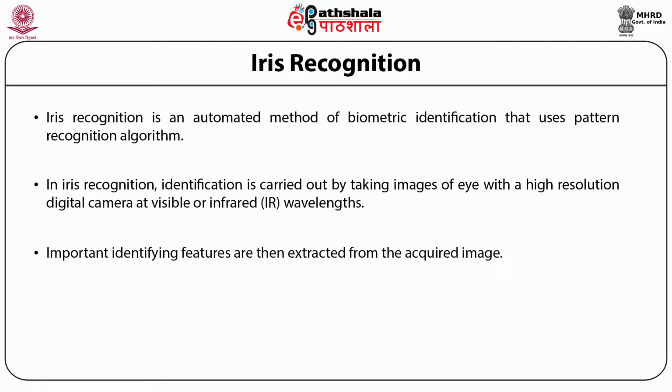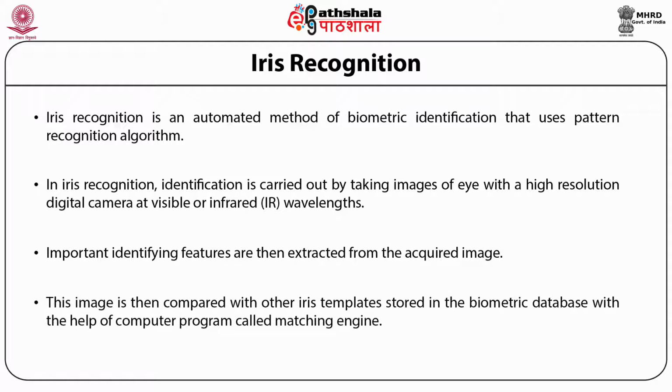Important identifying features are then extracted from the acquired image. This image is then compared with the iris templates stored in the biometric database with the help of a computer program called a matching engine.